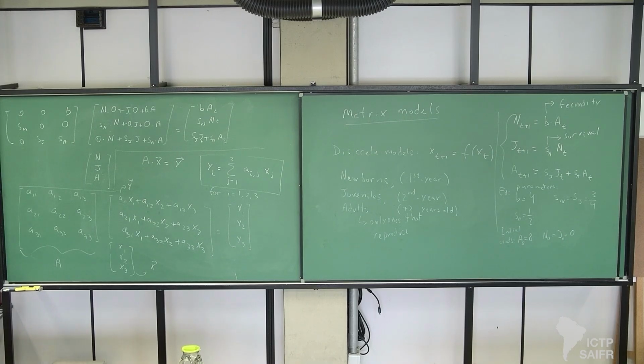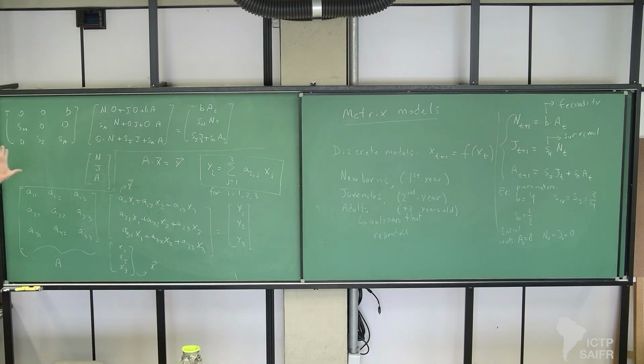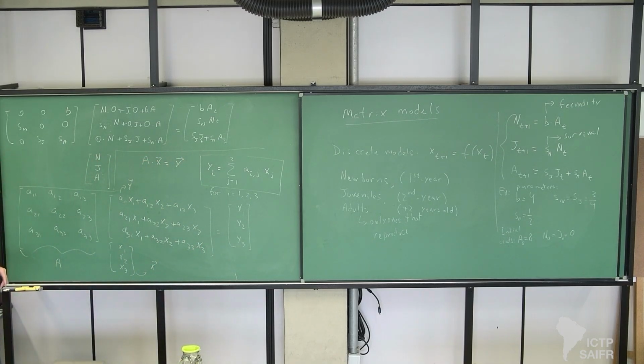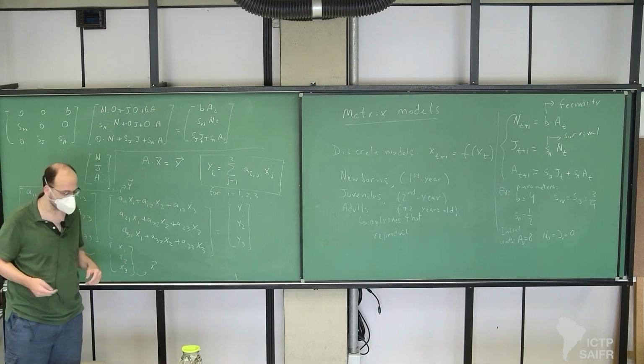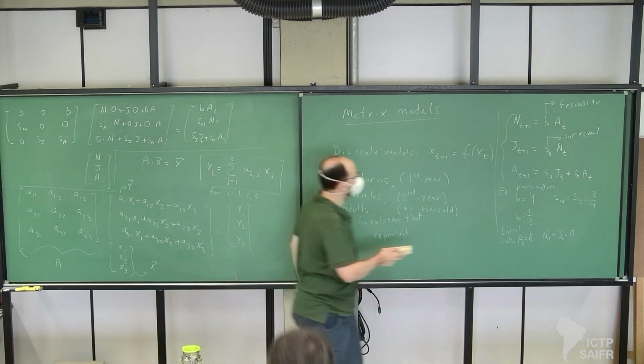Okay, good. So what are we going to do now, right? So we were just representing our matrix model in this form here, right? Yeah, it's time to erase this part of the board. Yeah, good. So I want to write this model here in that way. Okay.